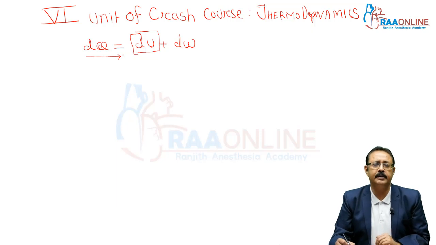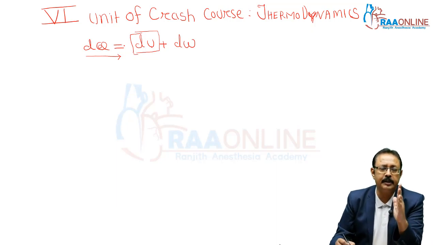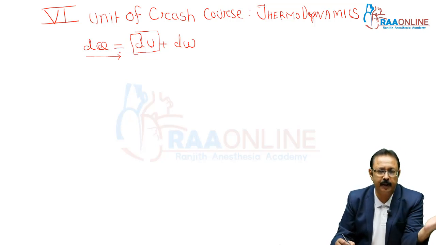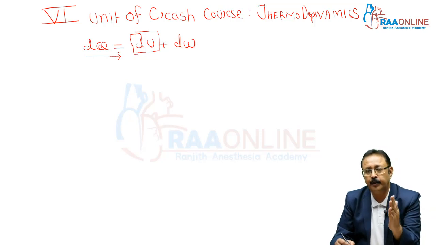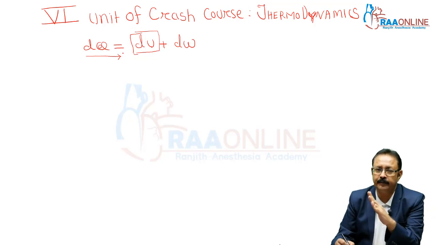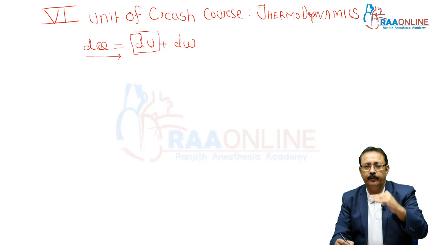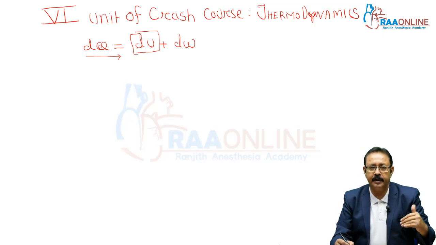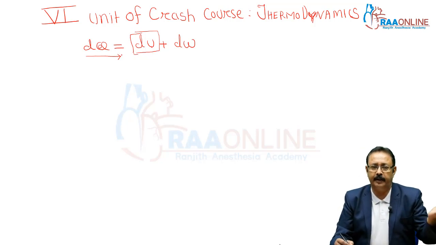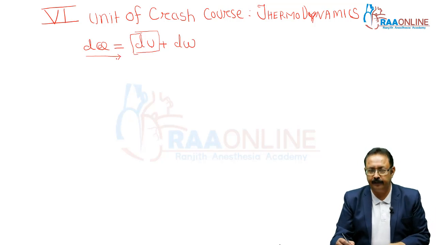Left to right means if the system is absorbing heat energy, dQ should be taken positive. If the system is doing work, work should be positive. System absorbing heat and doing work, both are positive. If we are doing work on the system and it produces heat, meaning the system is liberating heat, both should be negative.